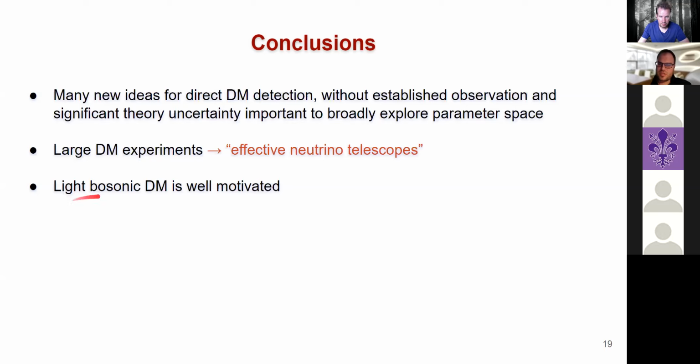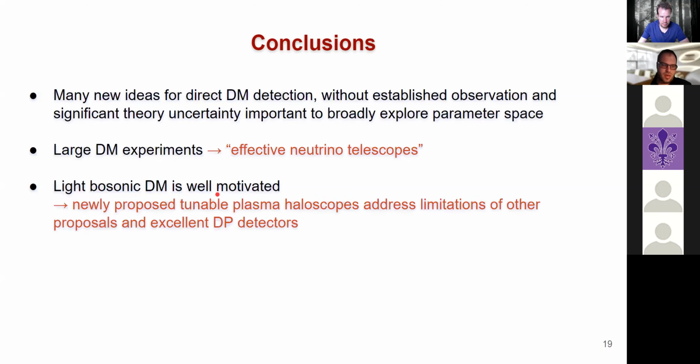Now, going to light bosonic dark matter, this is very well motivated. The newly proposed tunable plasma haloscopes address the limitations of some of the previous proposals, in particular the limitation regarding the geometry of the experiment, and also exploit in-medium effects.